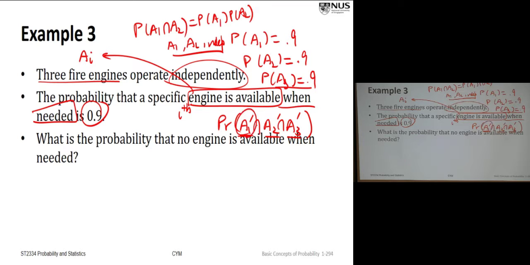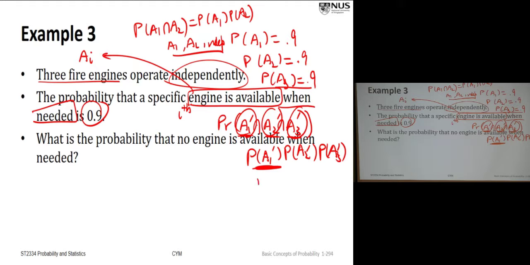We're asked to find this one. So now the question is, are these independent? Yes, of course, they're independent. So it's equal to the probability of A1 prime, times the probability of A2 prime, times the probability of A3 prime. Do we know this one? Yes, we can compute it.